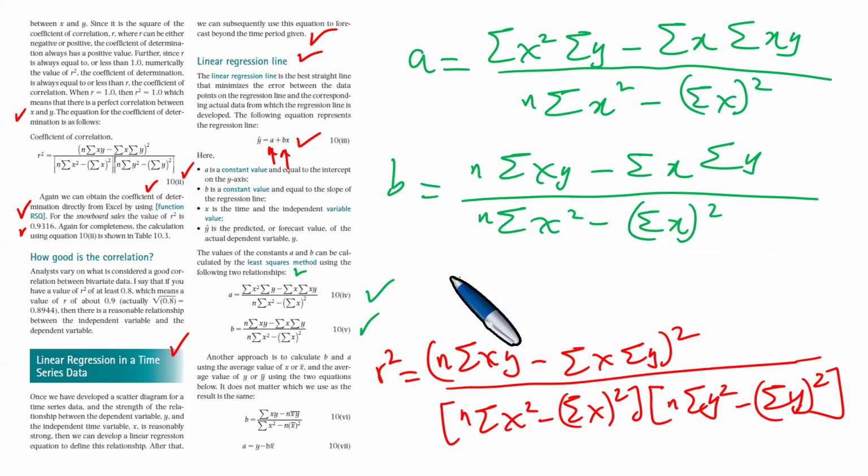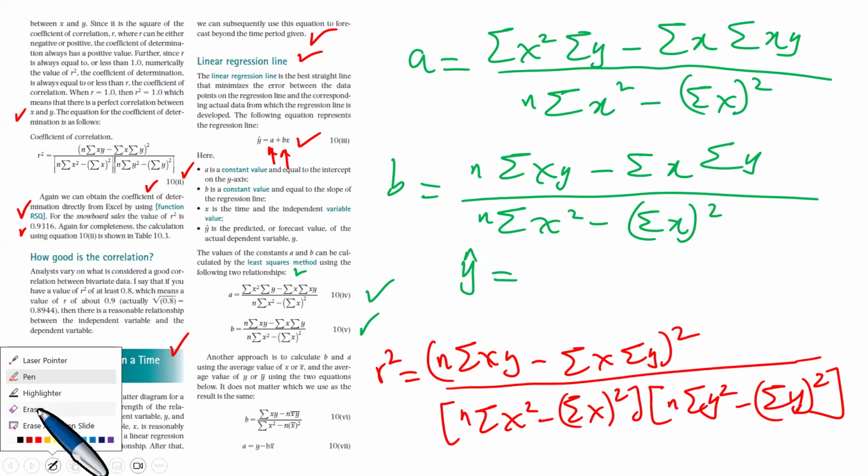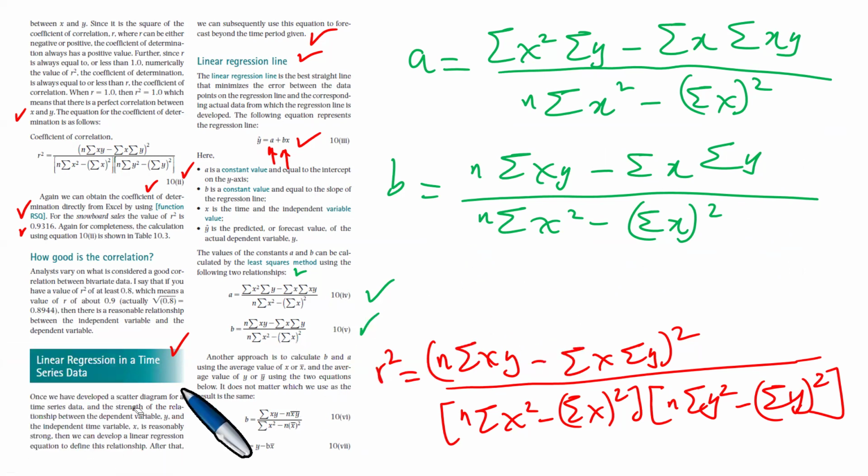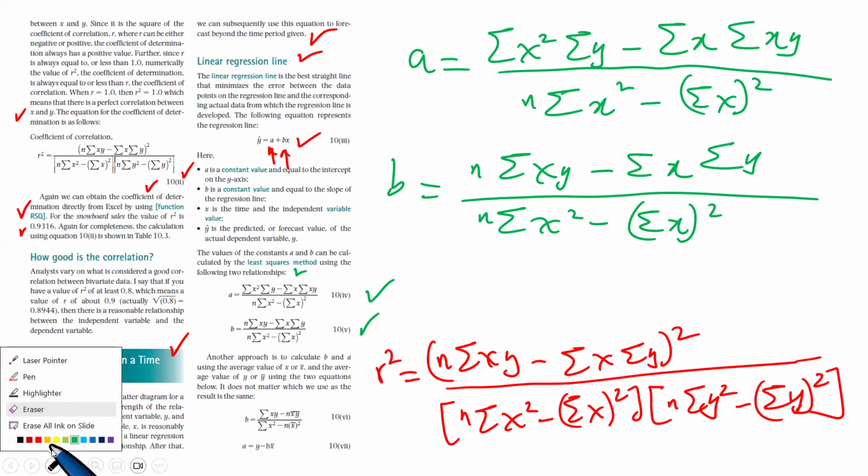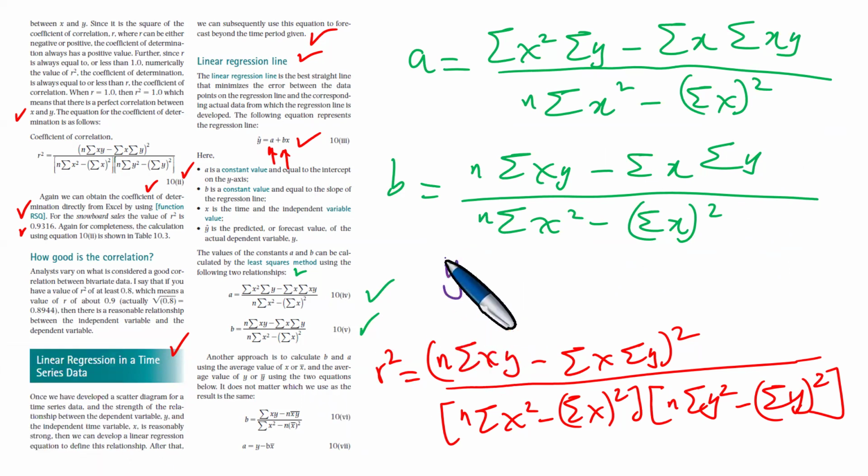What are these for? They are for calculating our forecast. The forecast value, or predicted value, is nothing other than y hat, which is the same as a plus bx, and our a is this and our b is that.